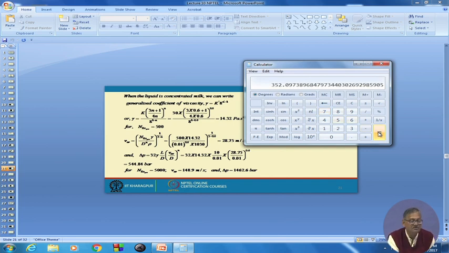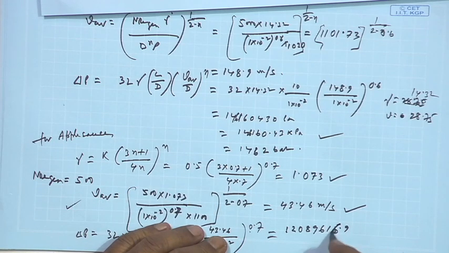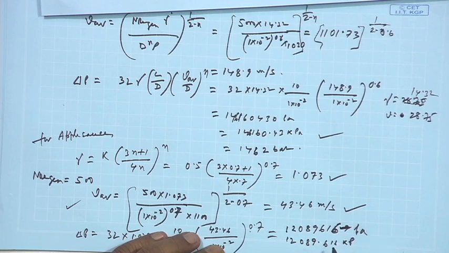This is so much, times 1000, times 1.073, and we additionally did 10, so times 32, which equals 12089615.9, or we can round it off to 12089.616 kilopascal, which is 120.89 bar.